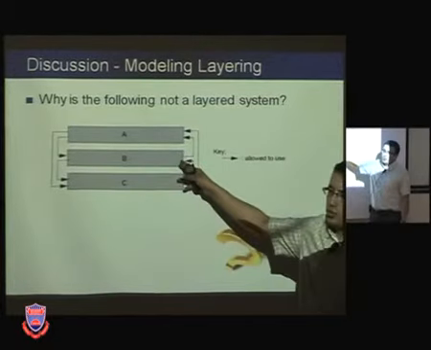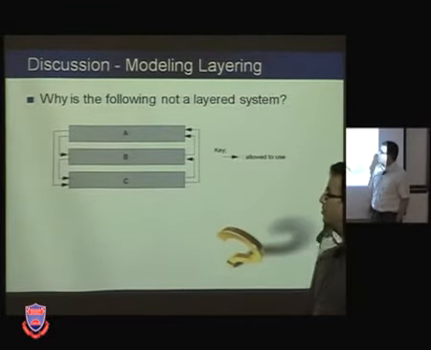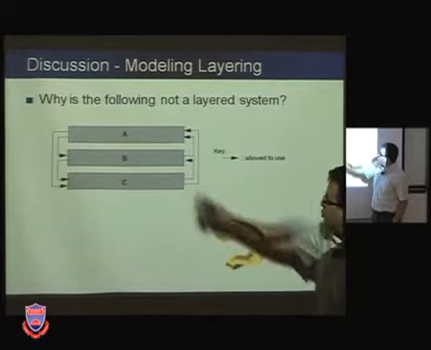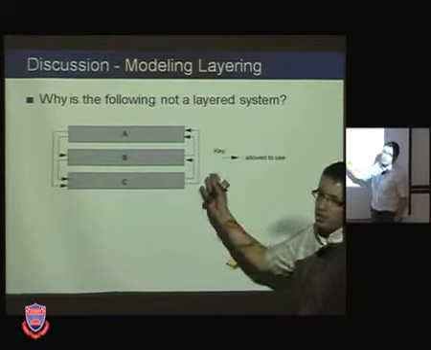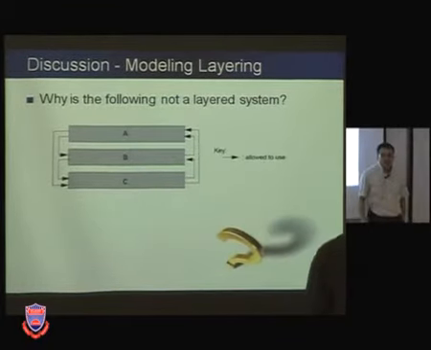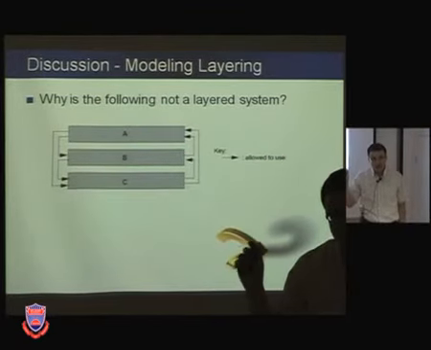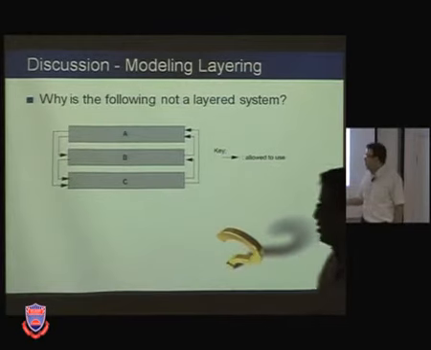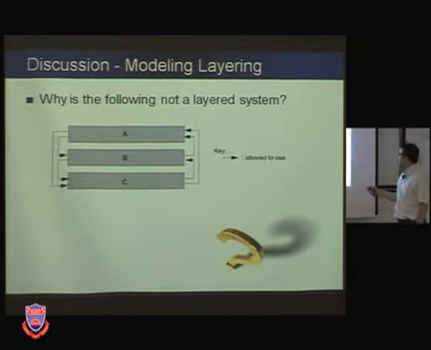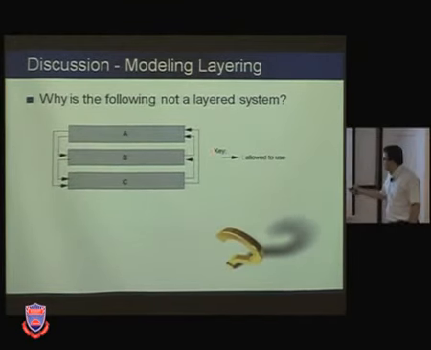C is allowed to use B. It's not allowed. B is allowed to use A. All these upward allowed-to-use relations are in the strict definition not allowed. In the strict definition, this is not a layered system.